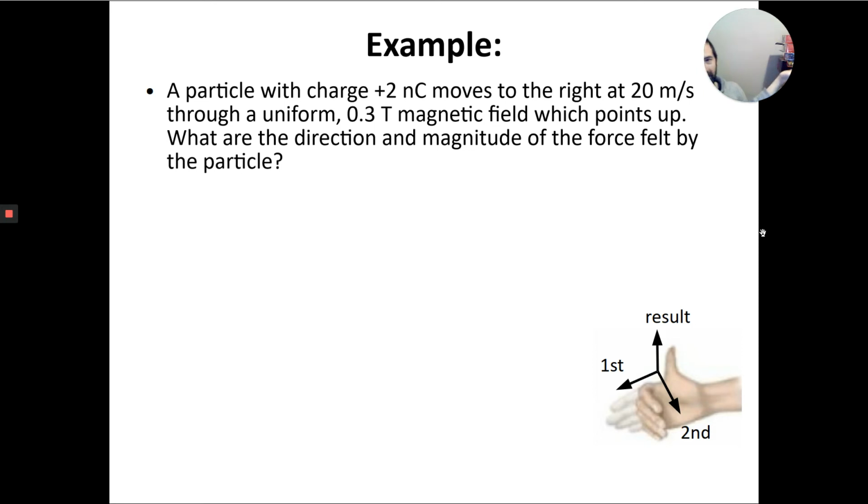How about that way? Here's all my fingers pointing right. Now my fingers are pointing up to be the magnetic field, and my extended thumb points towards the camera, out of the screen. So that's B. The force comes out of the screen.